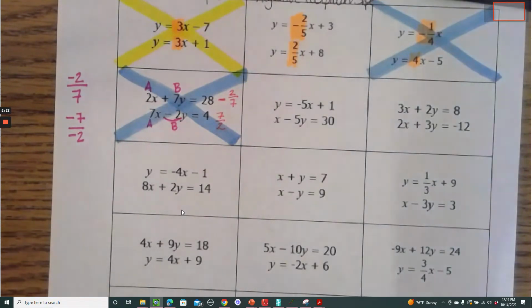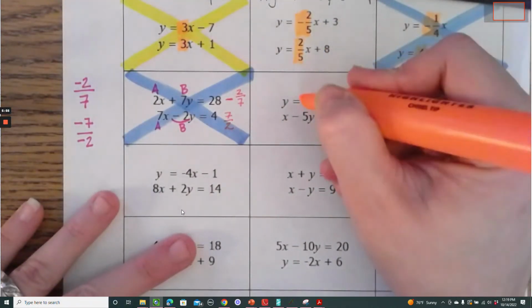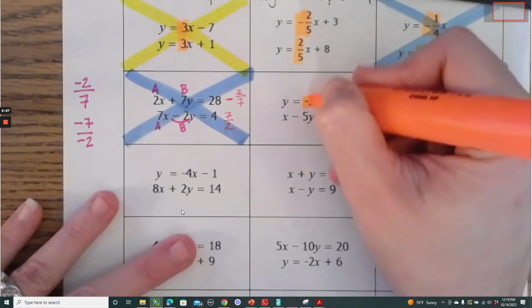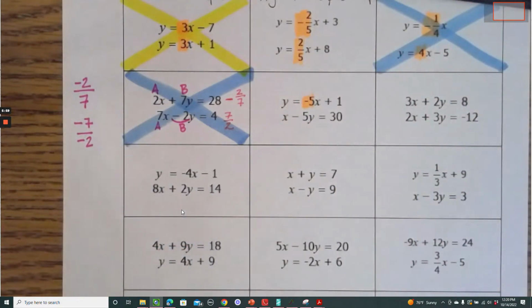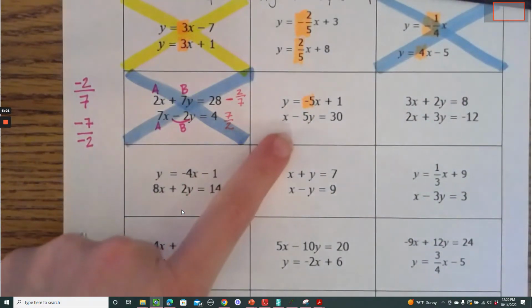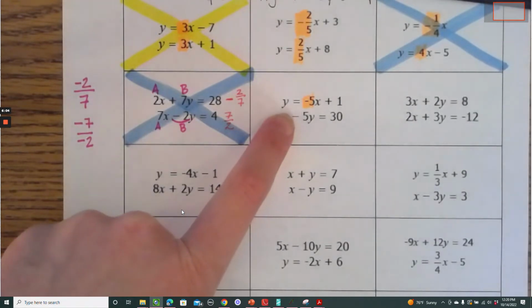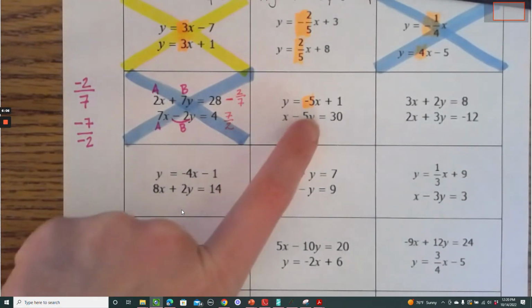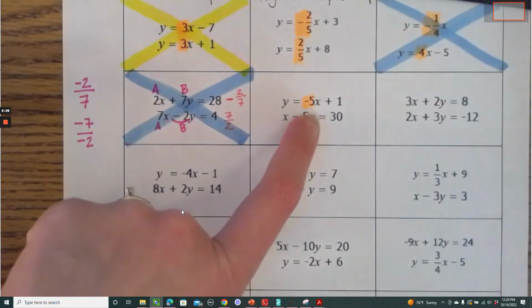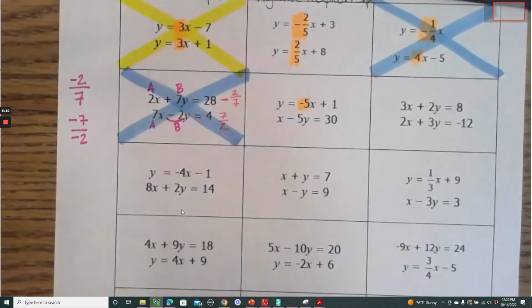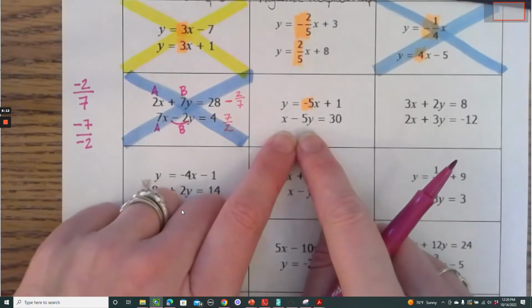All right. Y equals, so if it starts with y equals, that makes my life easier because that means the slope of that one's a negative 5. If it starts with y equals, that means it's slope-intercept form, and the number in front of the x is the slope. It's already done for you. Okay. But this one is in standard form.